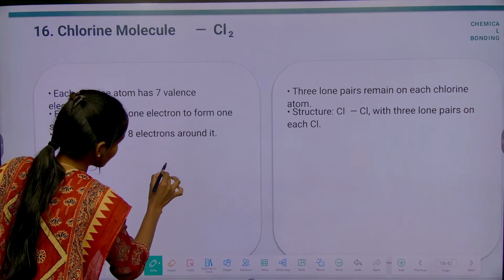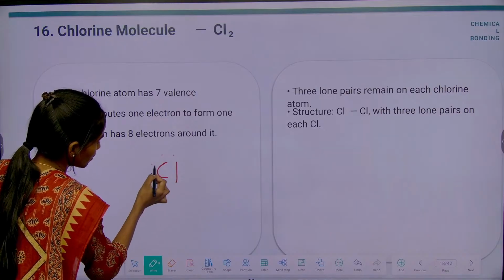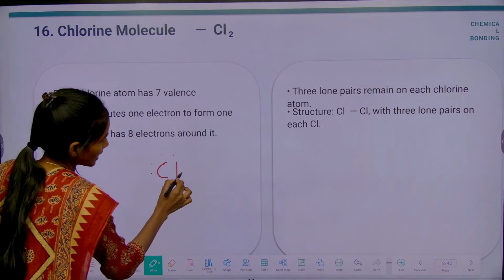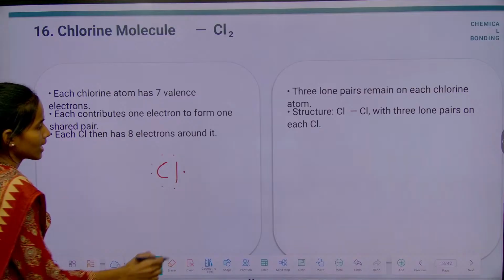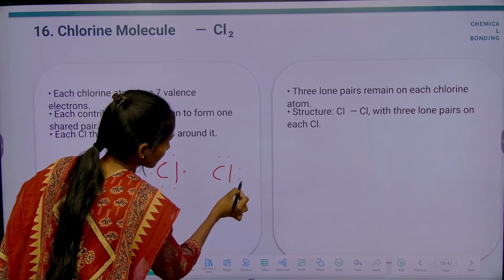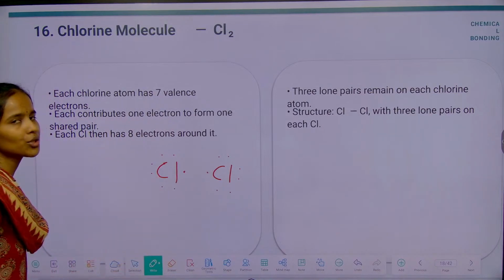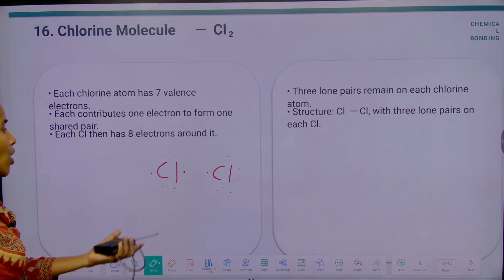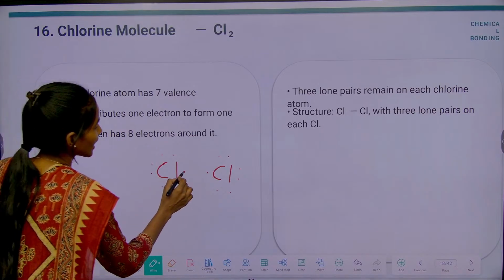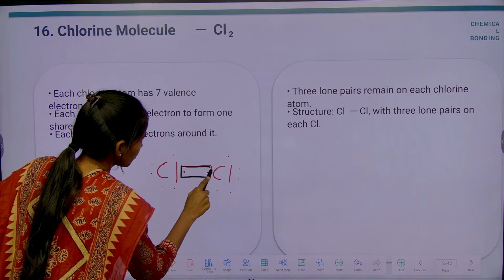One chlorine atom has 7 valence electrons, 1, 2, 3, 4, 5, 6 and the 7th one I am representing here. Another chlorine also has 7 valence electrons, 1, 2, 3, 4, 5, 6 and the 7th one. In order to get stability, in order to get octet configuration, they will share these 2 electrons.